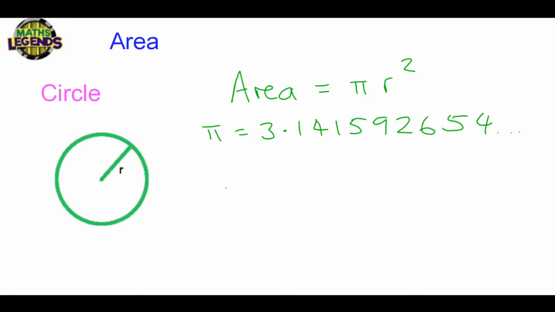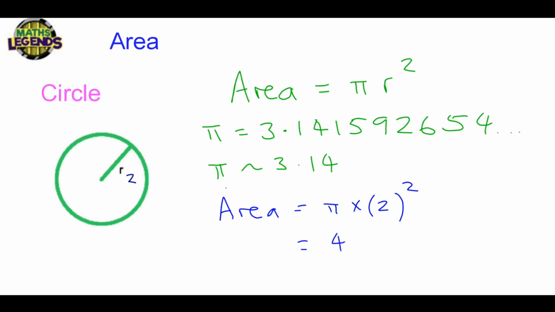If your calculator is not close to hand, you can use an approximation, 3.14. So let's say r is equal to 2. Then the area of this circle is pi times 2 squared, because r is 2. So this becomes 4 pi, as 2 squared is the same as 2 times 2. The power tells us how many times the base number repeats in the multiplication. And then we plug that into the calculator, and this equals 12.6 to 3 significant figures.